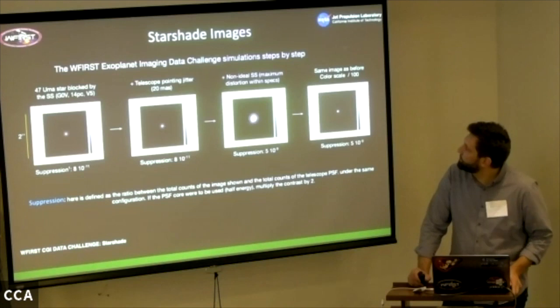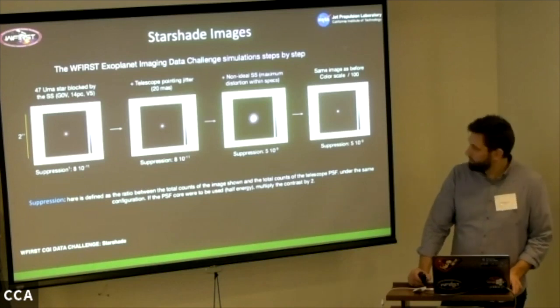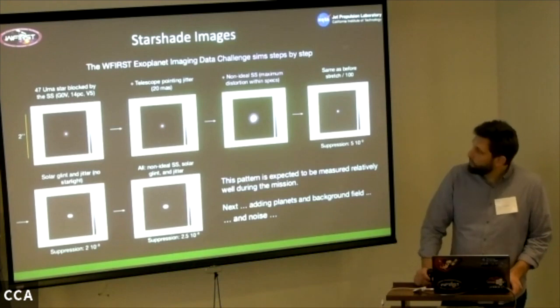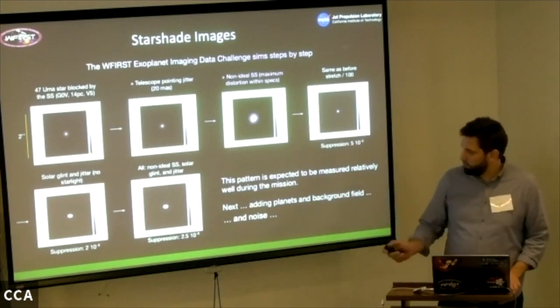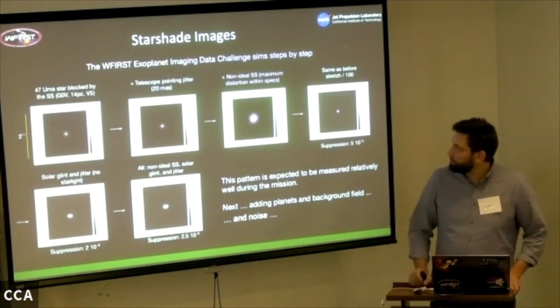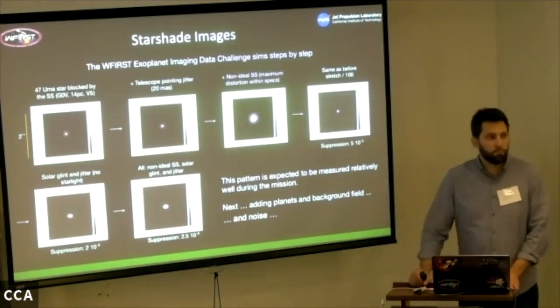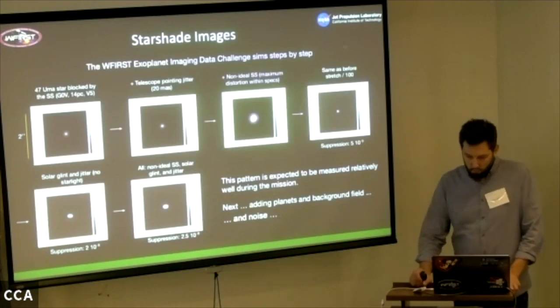So let's add the next worrisome effect besides the starlight. The next one that is only characteristic of the starshade, yes, please, let's move to the next slide. Thank you, Julian. It is what is at the bottom row, called the solar glint. The starshade, even though it's painted black and tries not to reflect the light that comes to it from the sun, has petals, and no matter what we do, the shape of the petals will diffract some of that light, and a little bit of it will get into the telescope.